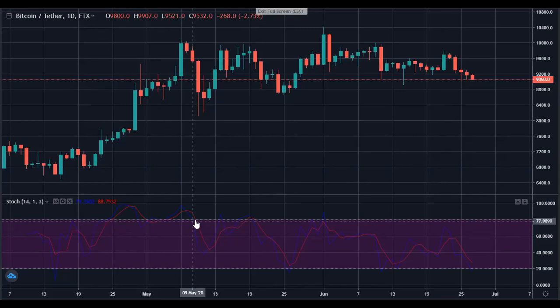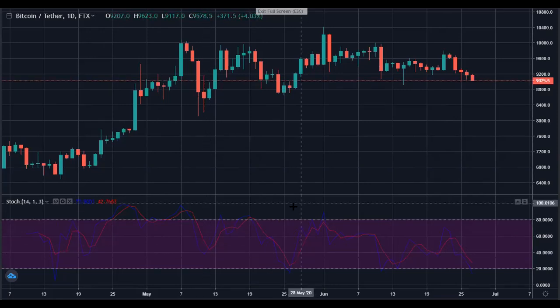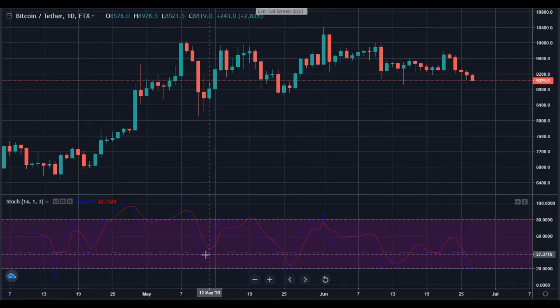So you have to pay particular attention to the positions of the red and the blue line. The ideal thing to always do is that if you want to buy, if you want to long, you should first of all wait for the blue line to go above the red line.